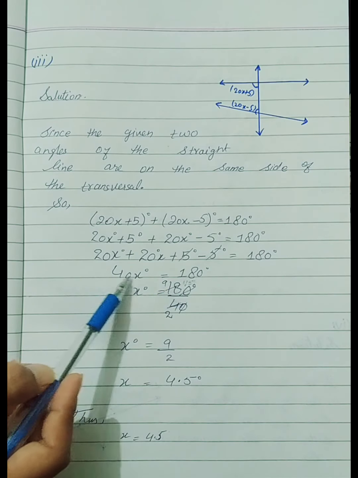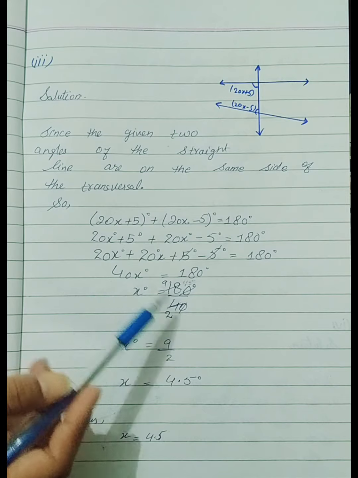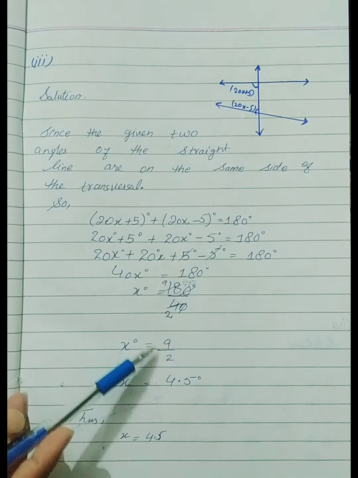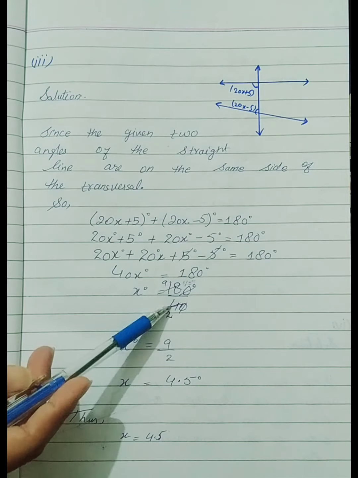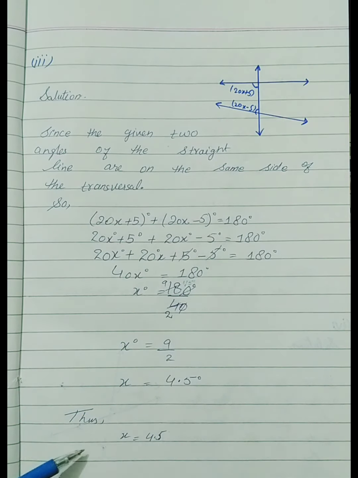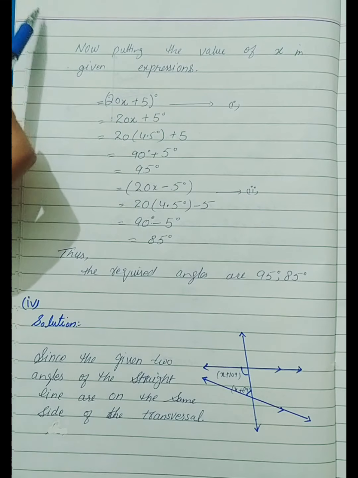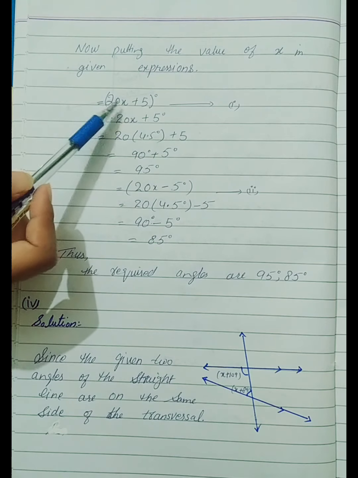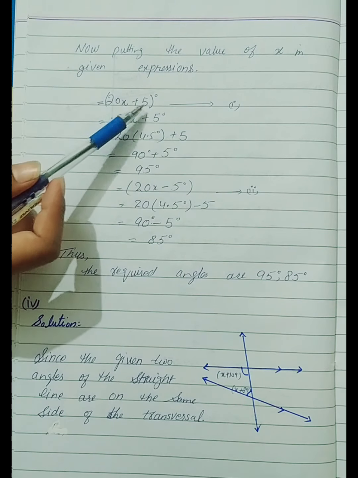So 40 multiplied with x goes to the other side, 40 will be divided, and we get 9 by 2 after cutting, so x equals 4.5. Now we put the value of x in the given expression, which is 20x plus 5.